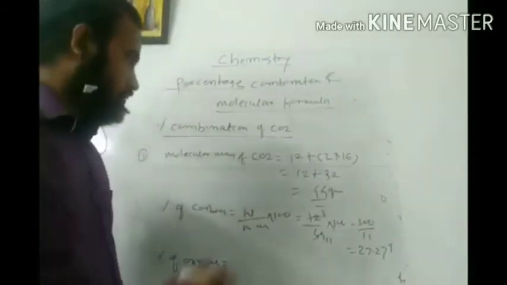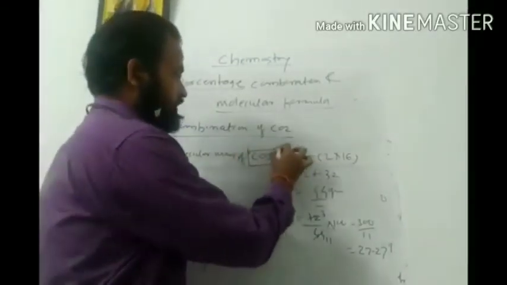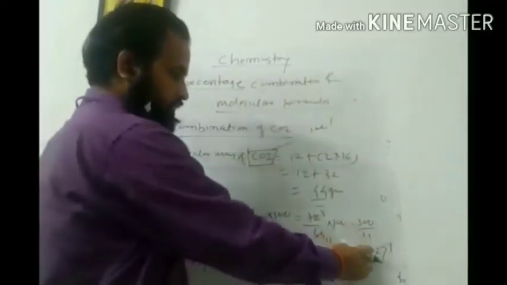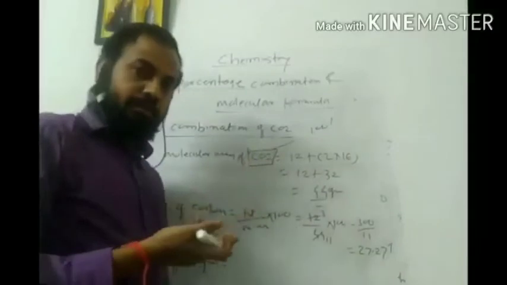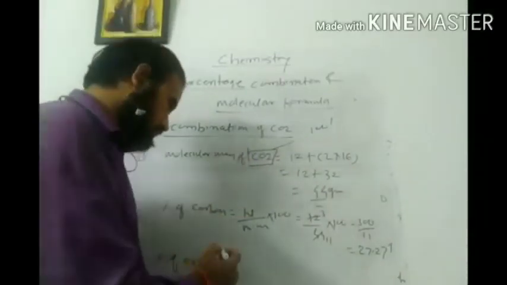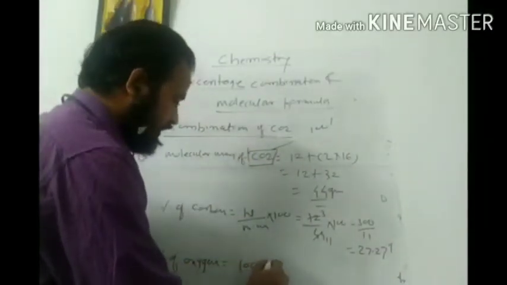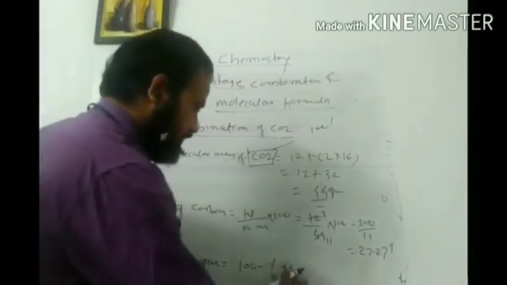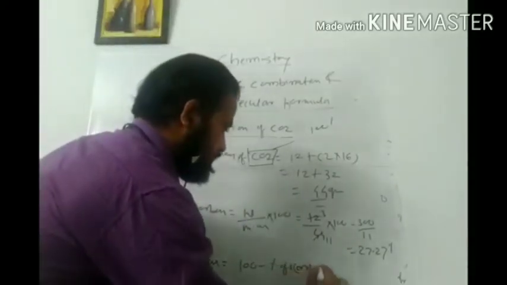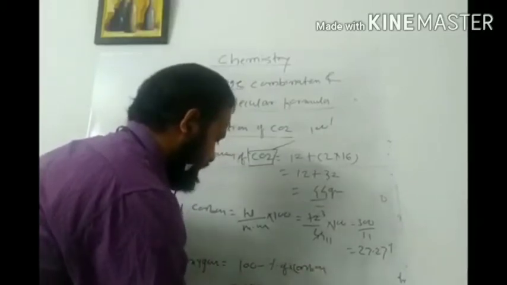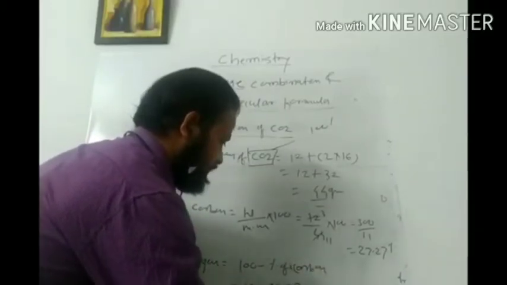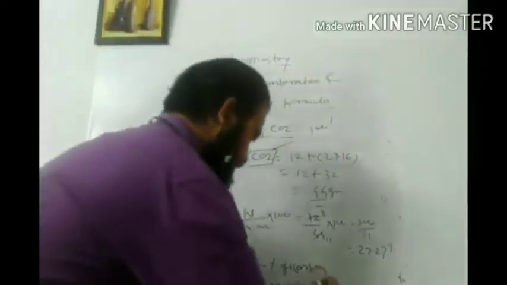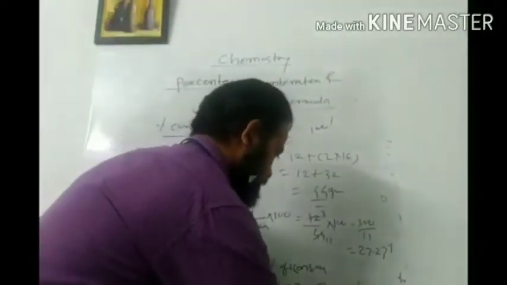Now if this compound, let us say, is 100 total, and if 27.27 is carbon, the remaining is what? The remainder itself is oxygen. So you can simply use 100 minus percentage of carbon. So here 100 minus 27.27 gives me 72.73, isn't it?